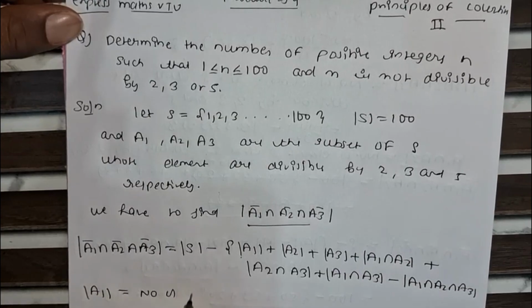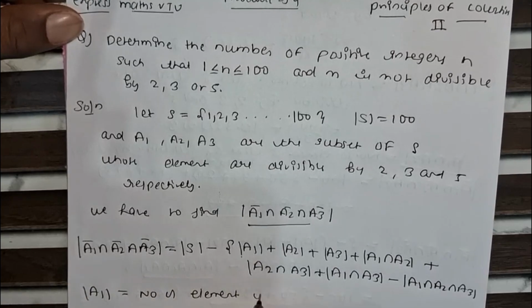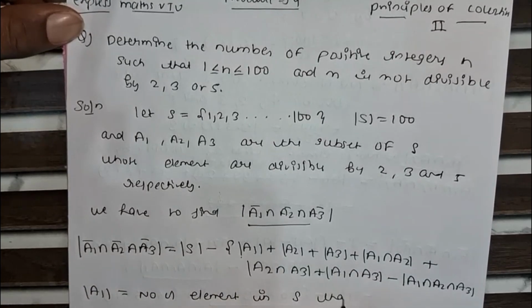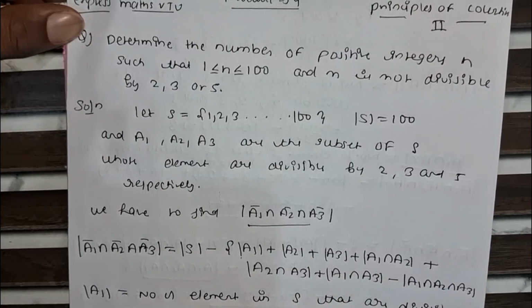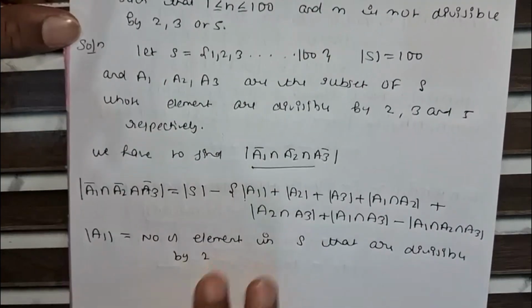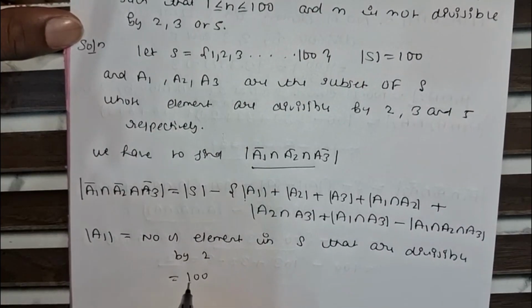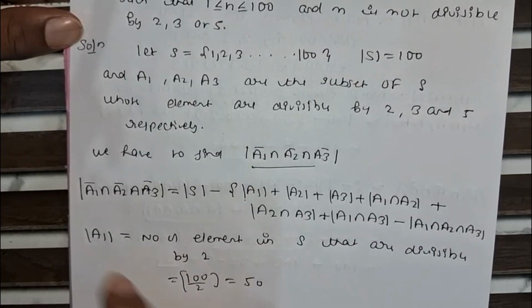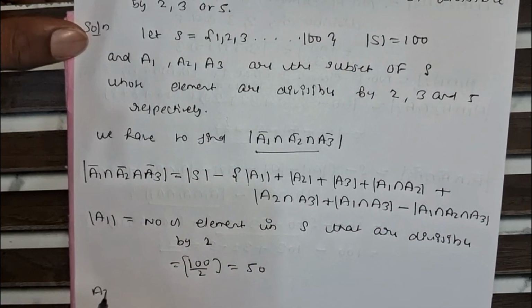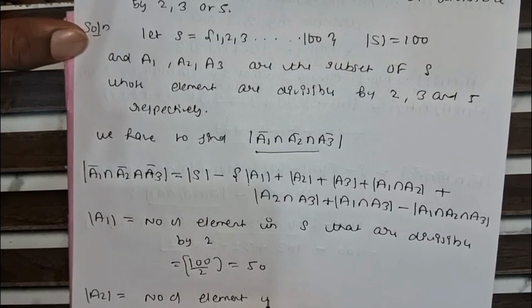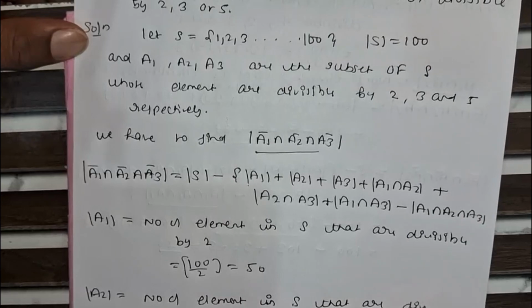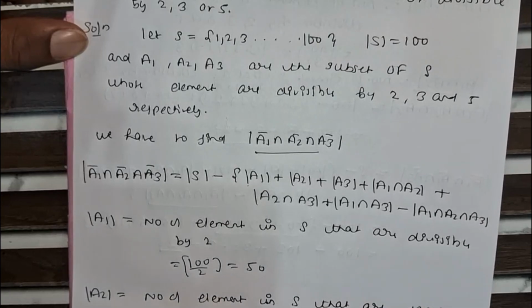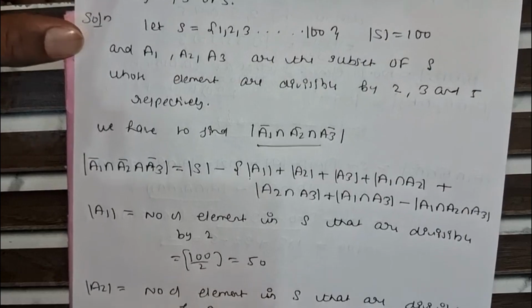So now go for A1. The number of elements in set S that are divisible by 2: 100 divided by 2 equals 50. This is the value of mod A1. Now mod A2 is the number of elements in set S that are divisible by 3.